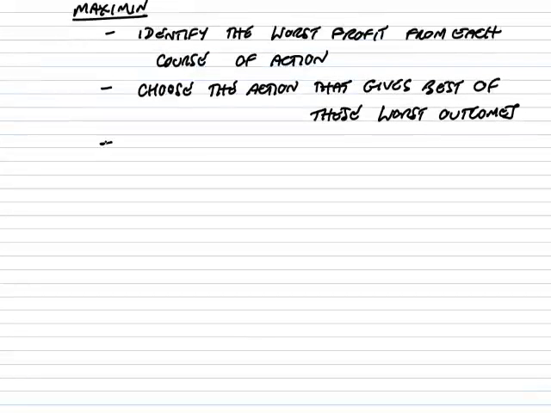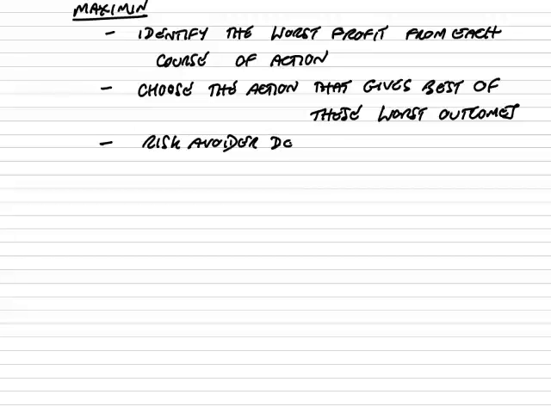The sort of individual who would take this sort of approach, it's a risk avoider decision. By choosing the best of the worst outcomes, we've made sure that we can't possibly do any worse.